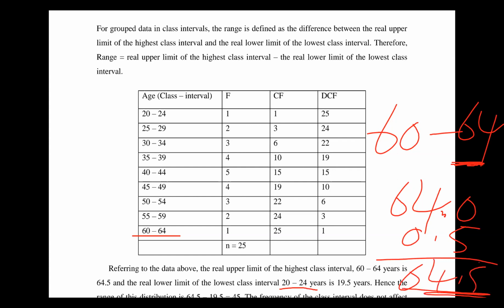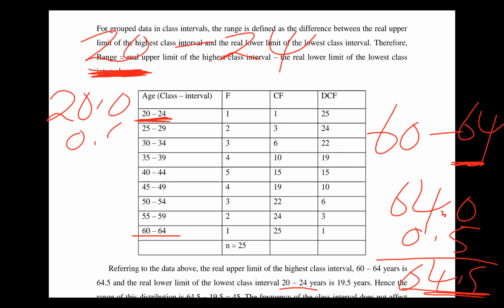This is the highest number, okay? Then for the lowest class, which is from 20 to 24, from the number that marks the lower limit, you remove 0.5. You say 20.0 minus 0.5, that gives you 19.5, okay? That is what we are trying to mean.